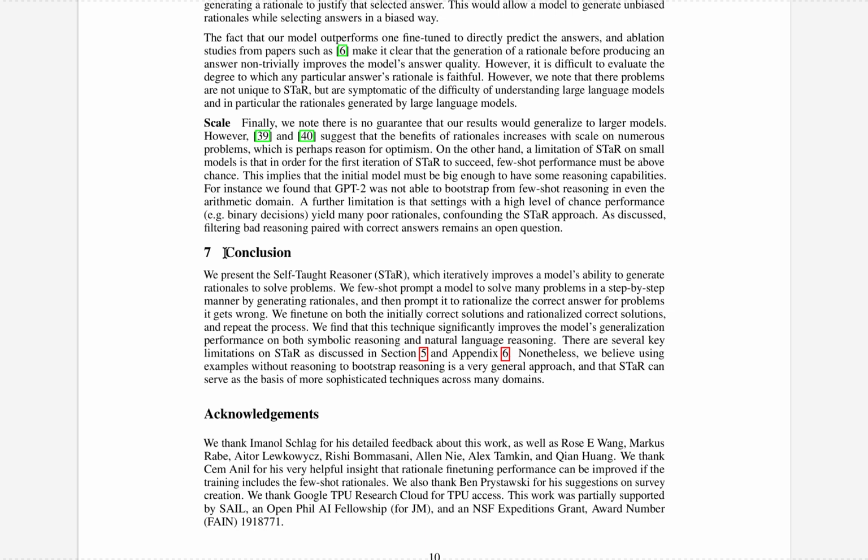We find that this technique significantly improves the model's generalization performance on both symbolic reasoning and natural language reasoning. There are several key limitations of STaR as discussed in Section 5 and Appendix 6. Nonetheless, we believe using examples without reasoning to bootstrap reasoning is a very general approach, and that STaR can serve as the basis of more sophisticated techniques across many domains.